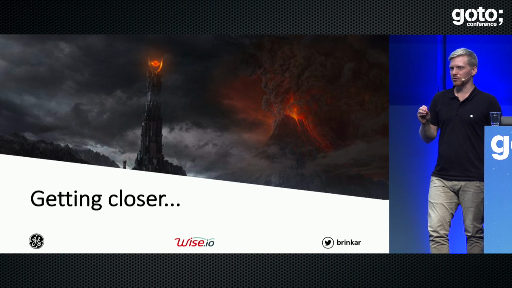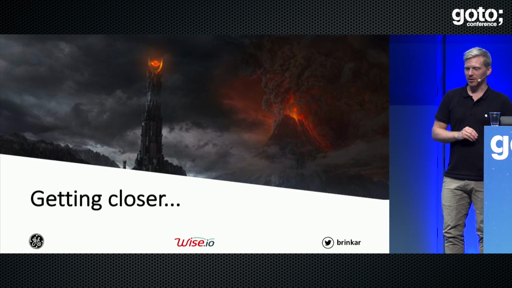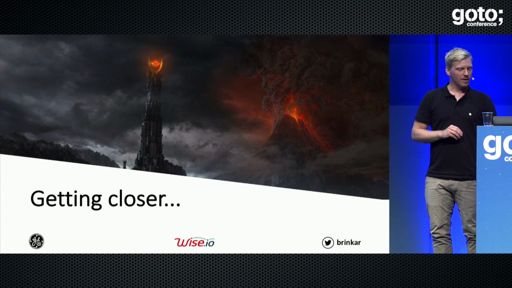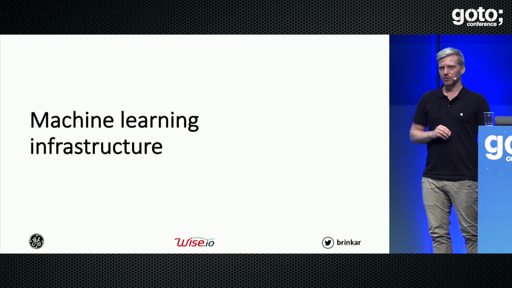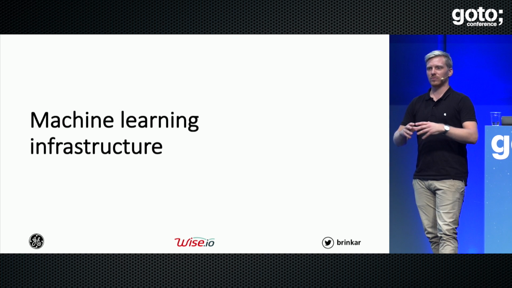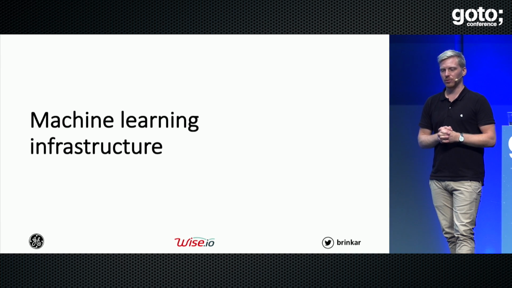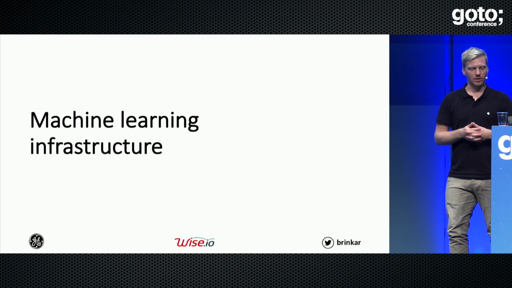So I would say we're getting closer to being ready. One thing that we are missing, though, is to deploy this and to use these best practices. It's really important to have a good kind of infrastructure to do it on. And that doesn't mean it needs to be complicated.